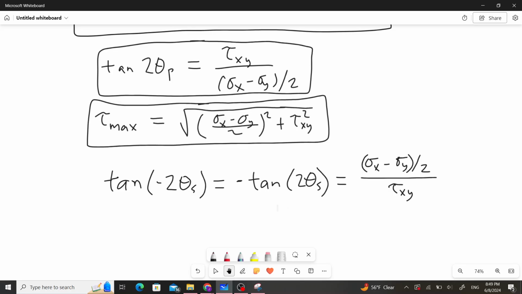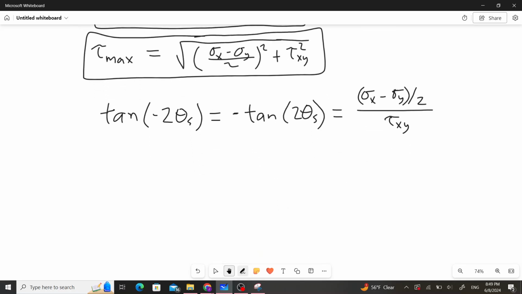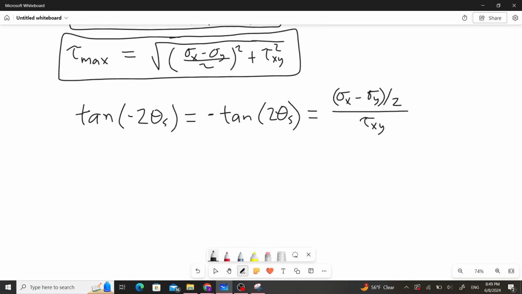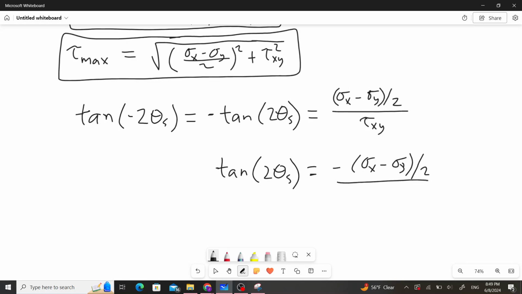And then if we just move the negative sign to the other side, dividing both sides by negative 1, we have negative sigma x minus sigma y divided by 2 over tau xy.